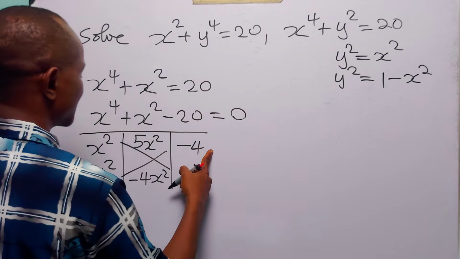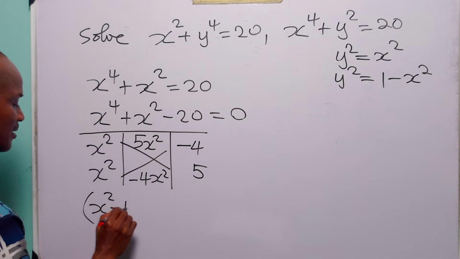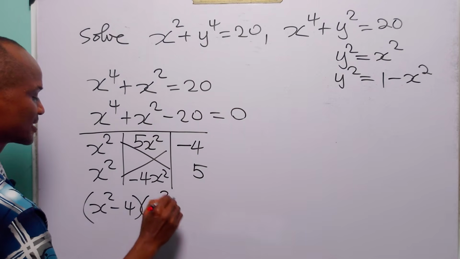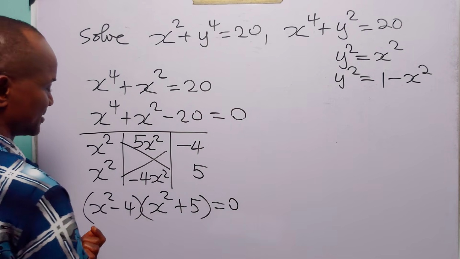So when we factorize this, we have x squared minus 4 multiplied by x squared plus 5 is equal to 0.